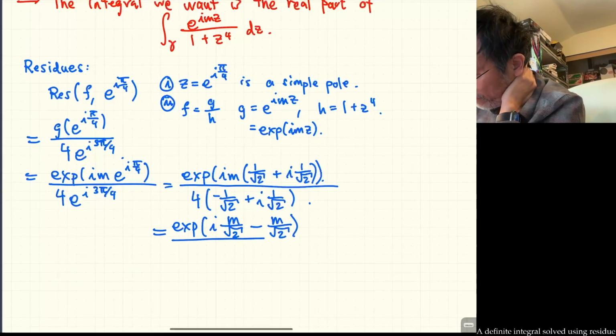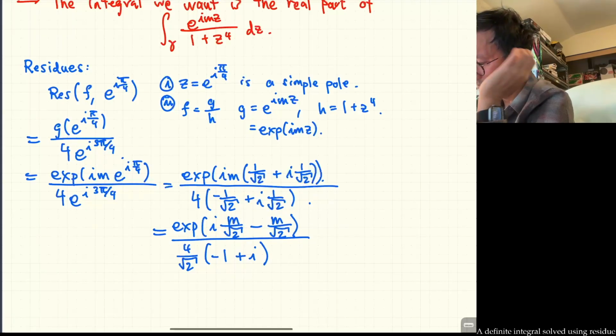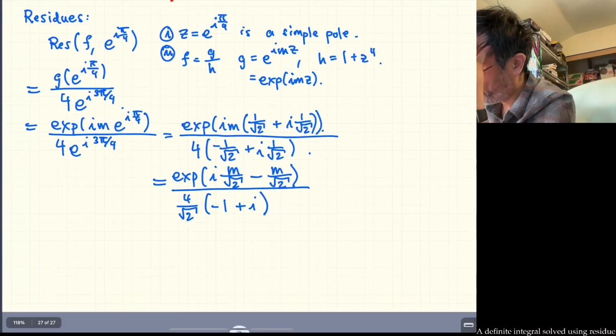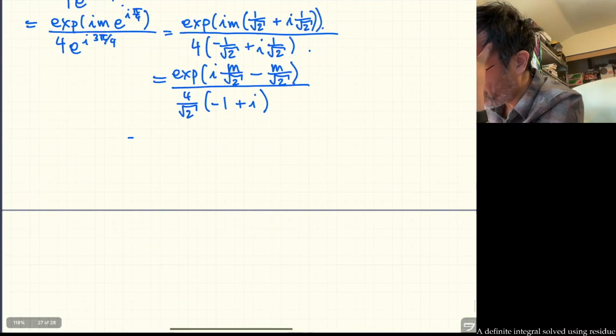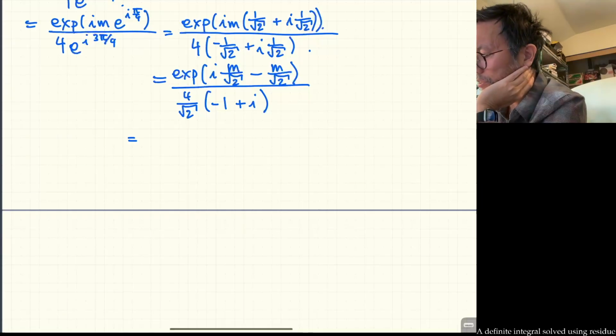This whole thing divided by, I'm going to factor out a 4 over root 2 times negative 1 plus i. Okay. I'm going to simplify this a little bit more. I think I want to do it this way.